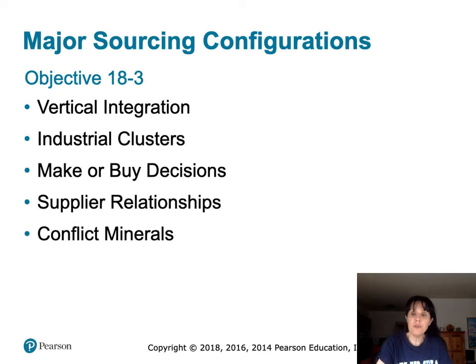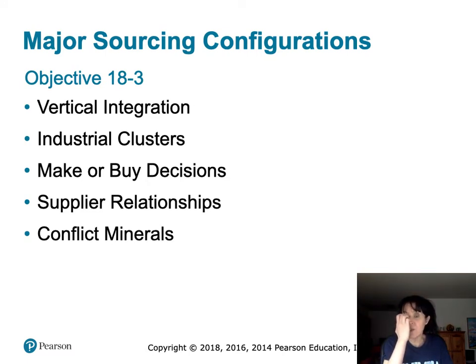The other issue that we will be talking about is supplier relationships. Supplier relationships are extremely important, but sometimes they can be complicated. There might be conflicts of interest between the producer and the supplier, especially for multinational organizations trying to manage them around the world. There are also conflict minerals.